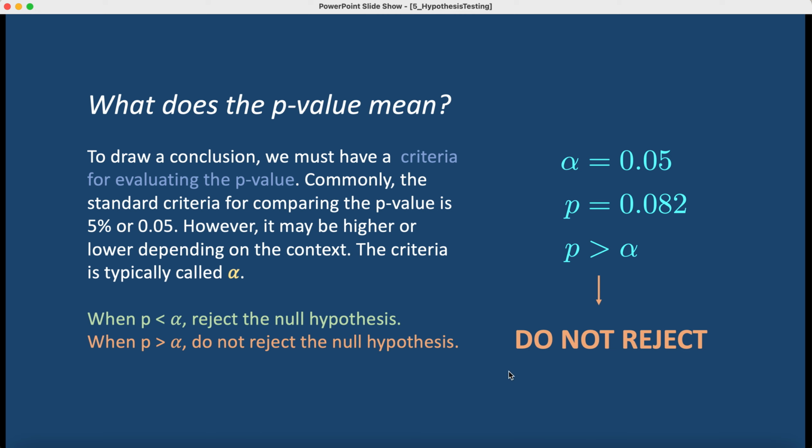We cannot reject the null hypothesis based on this data, which means that there's a reasonable chance, an 8.2% chance, that this could have happened if that mean of 6 is actually the truth.